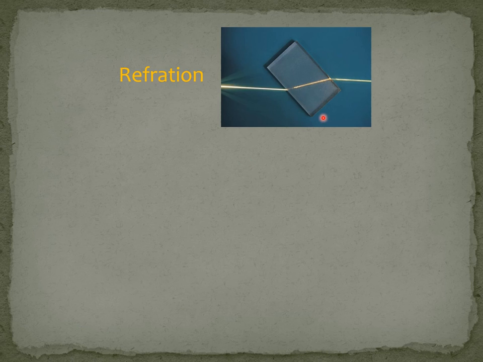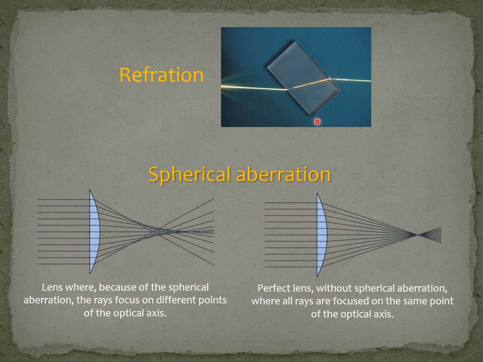So when light comes through a lens where one of the sides is plane and the other is convex, each ray can be refracted at a slightly different angle. They're not all refracted the same way.